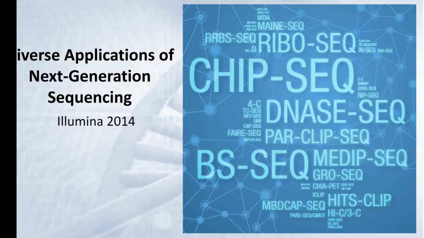That change in DNA sequencing costs and the rapid nature of generating sequence data has produced a whole bunch of new techniques for exploring different aspects of biology that are now really done with this next generation sequencing approach.